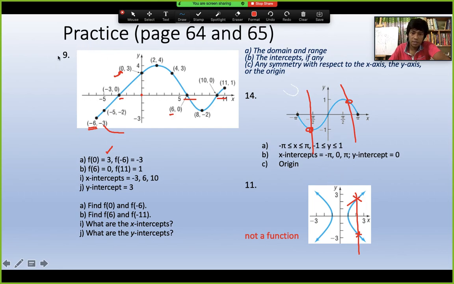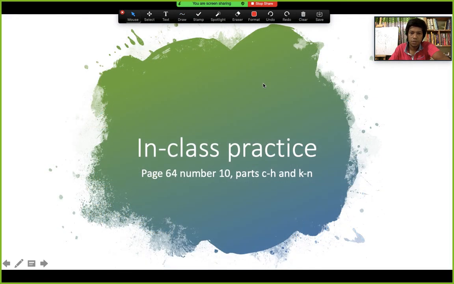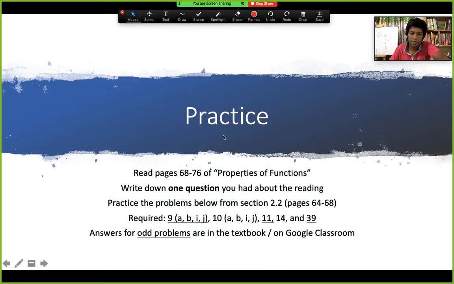This is number 9 math, but number 10 math is also the same, from section 2.2, and you will have more of this kind of math on page number 65, and of course we will practice these during our class time. This kind of math, like number 10, and more practice math from here.